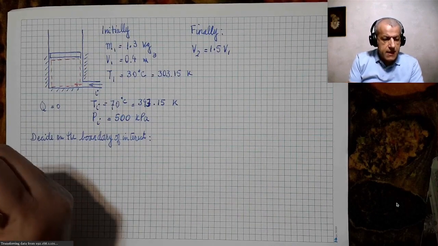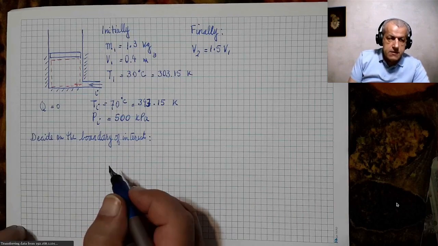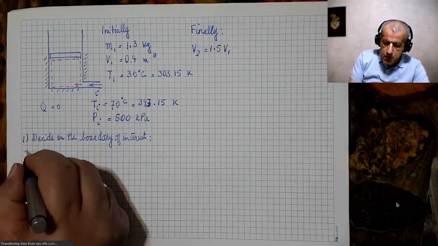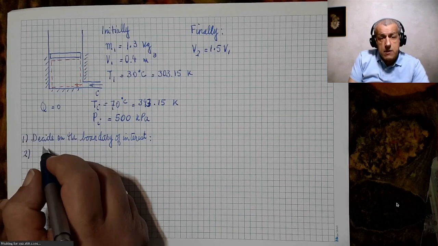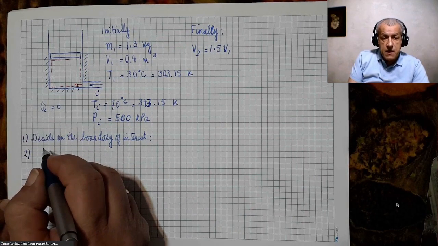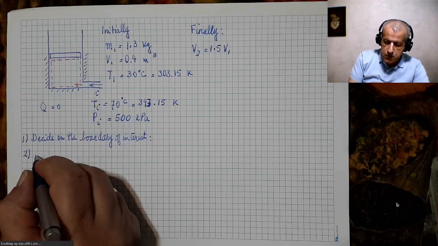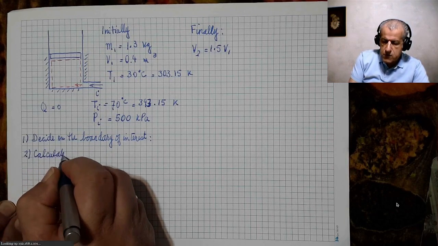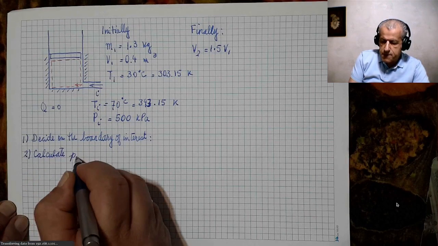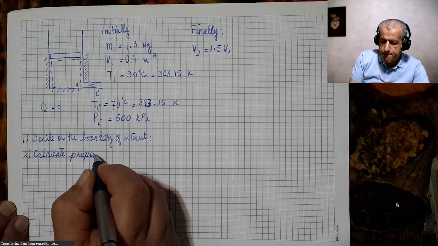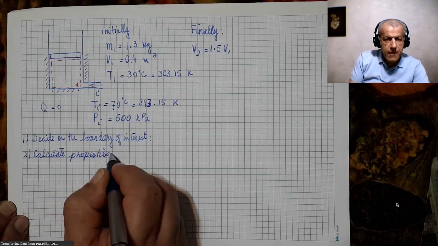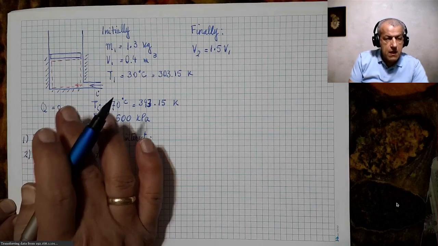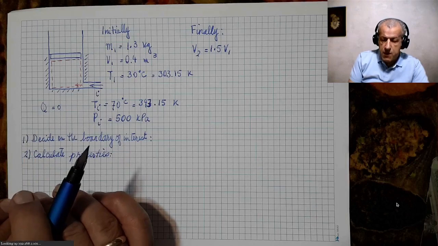That is the boundary of interest. The second step that we have to take is to calculate properties as far as we can. For the initial condition, we have more information.